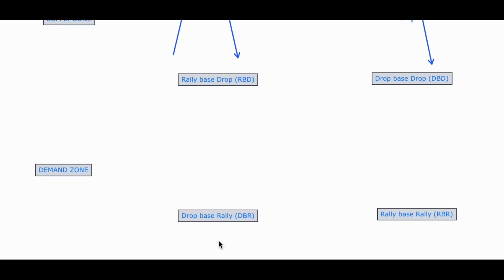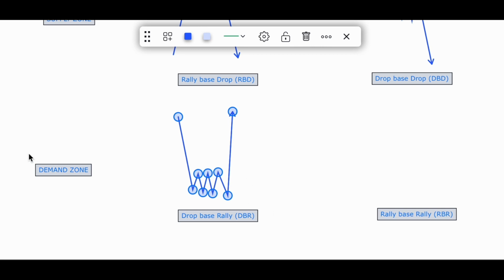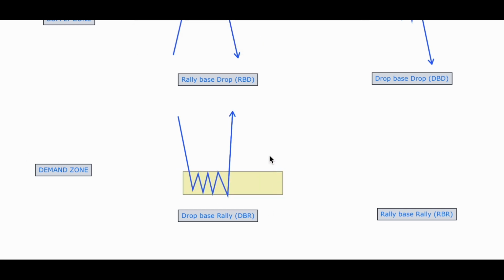For the demand zone, we have the drop base rally. This is how it should look: drop, then the price does a base at the bottom, then rally. This is the zone we have to mark and wait for the price to hit it back, then we buy. So this is one of the buy zones.